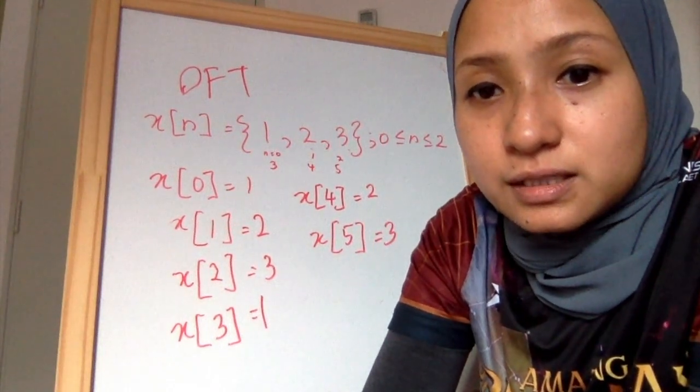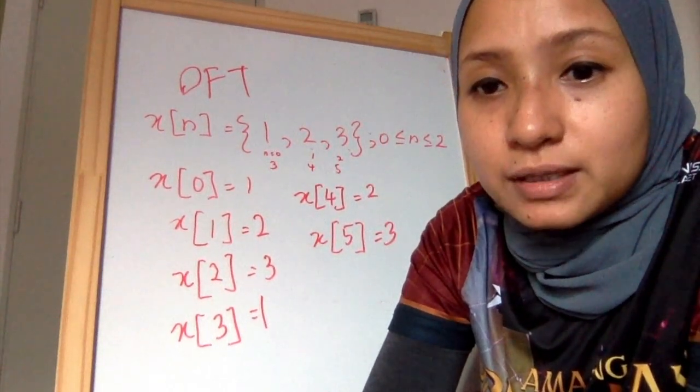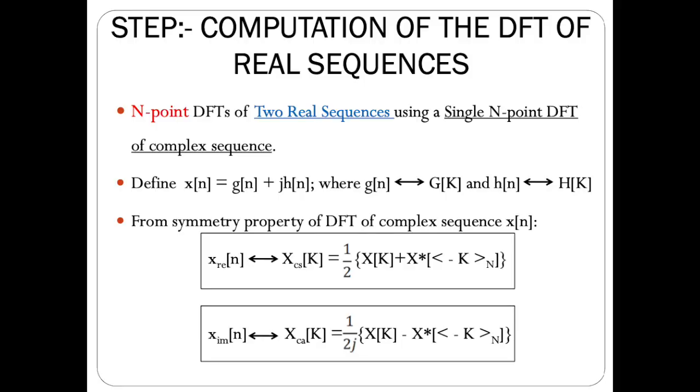In slide number 18, point number 2, define Sn equal to Gn plus jHn. Gn is your first sequence, Hn is your second sequence. So you combine them to become one complex sequence.